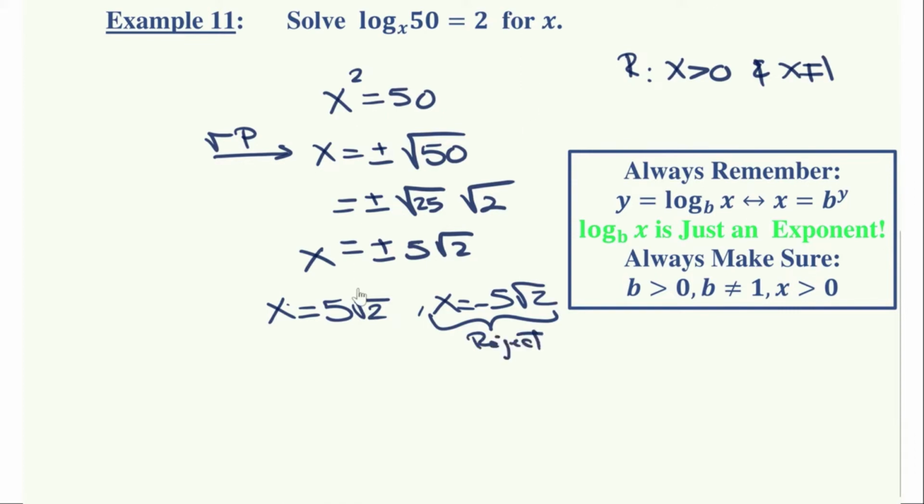And this one, however, so in other words, this one fails the restriction check because it's not positive. This one is positive and it's not equal to 1. So this one passes the restriction check. So be very careful. If this were just an equation in itself that we were solving, we would have accepted both of those solutions.